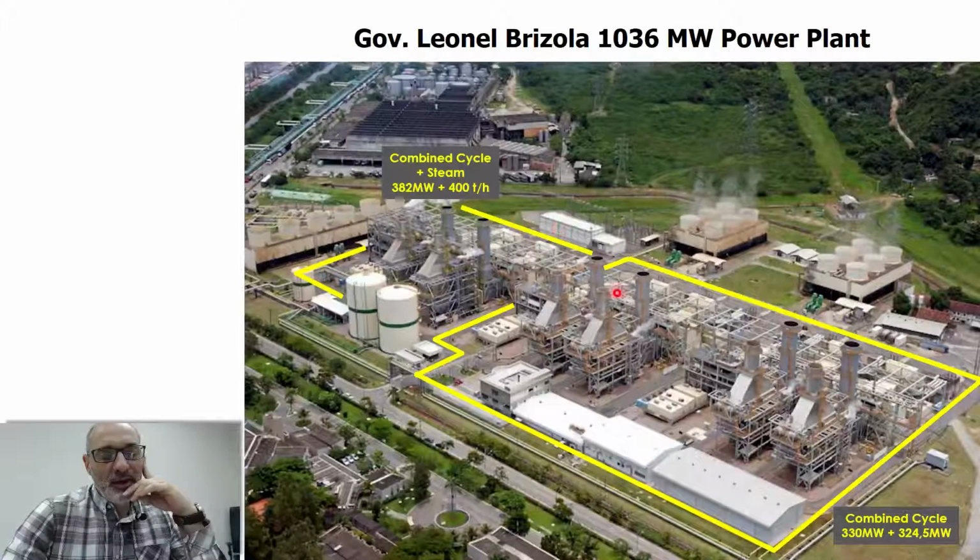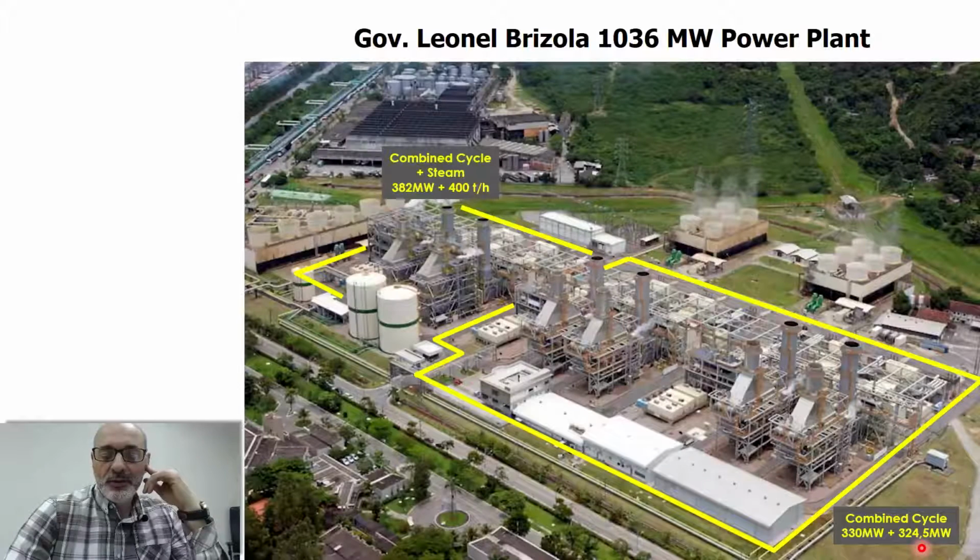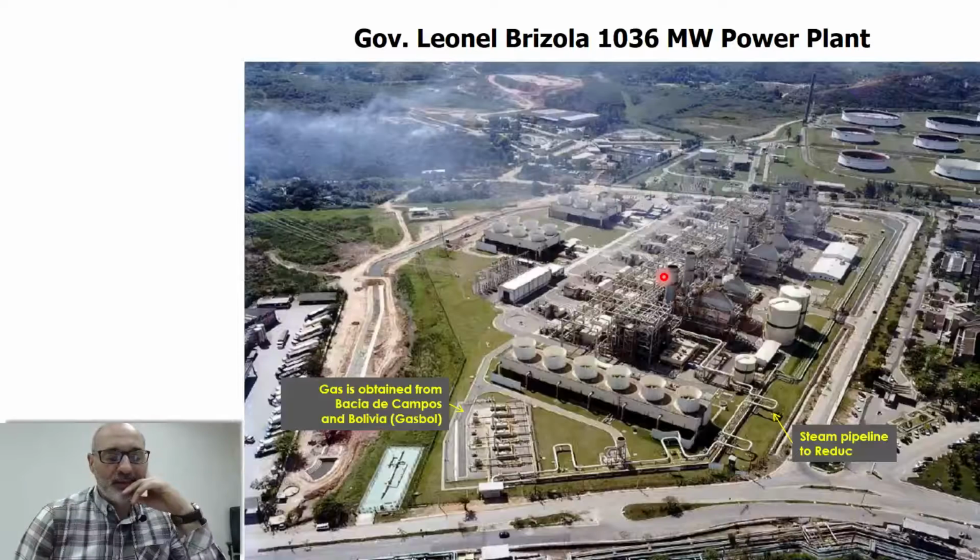The other 2/3 of this power plant is a pure combined cycle. The Brayton cycle produces 330 megawatts, and the Rankine cycle produces 324 megawatts. So that's Governor Leonel Brizola power plant.